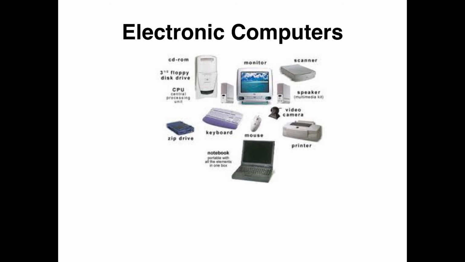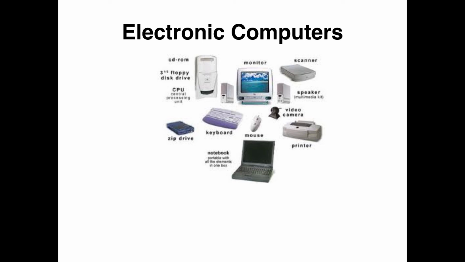So that's memory and processing. The last of the hardware here is the input devices, and you have all kinds of input and output devices. You have a keyboard as an input device, a zip drive, a mouse, or a video camera as an input device.